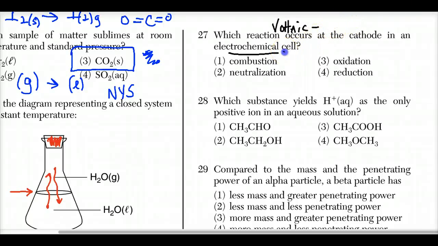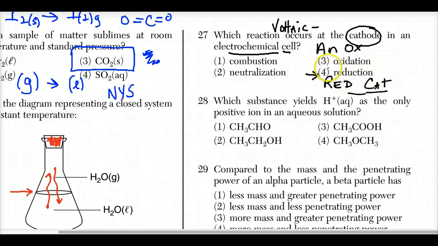So it could be anything, and we know this mnemonic you probably learned in your class, An Ox, Red Cat, occurs for both types of cells, whether you are producing the volts or you need the volts. So Red Cat means we're talking about reduction. And reduction is what occurs at the cathode.